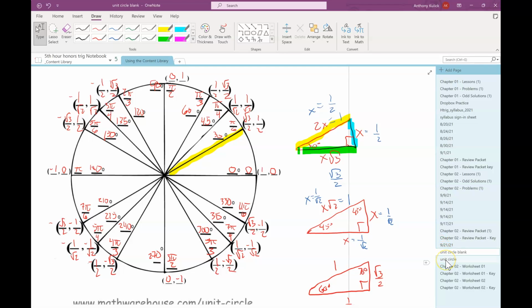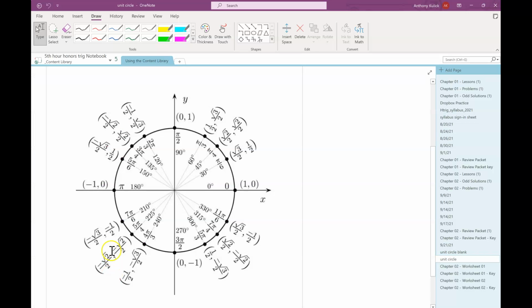You'll also notice in the content library that I have one where everything is filled out for you, nice and typed out, so you don't have to try to read my chicken scratches or your own chicken scratches. But all this unit circle is just a shortcut, right?